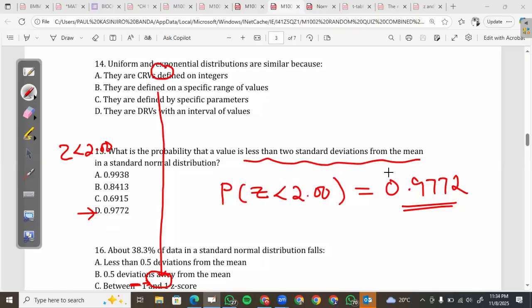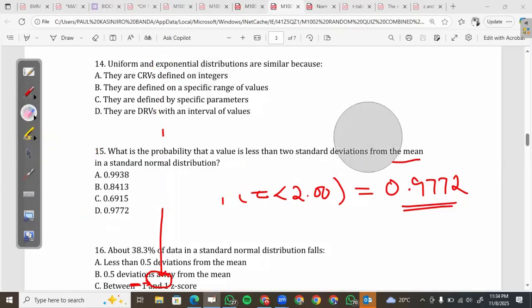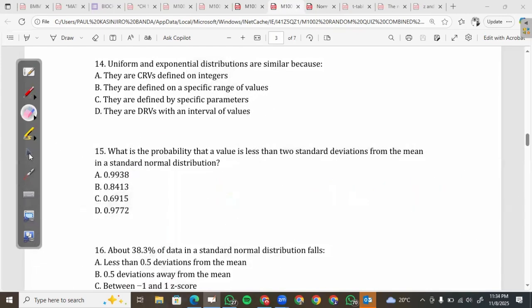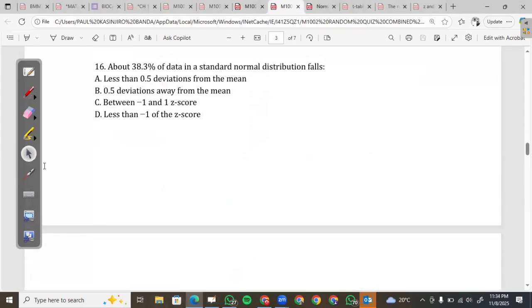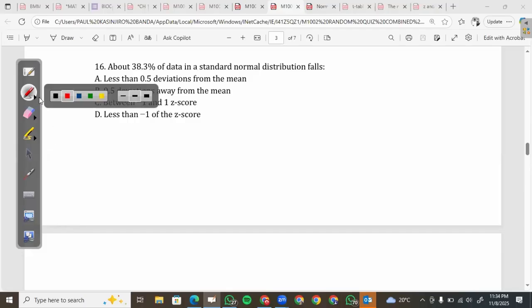All right, so now let's move to question 16, not 13. This one is a bit tricky. If you've never seen it before and you don't understand the language, you can't solve it. Trust me, you'd just be guessing.